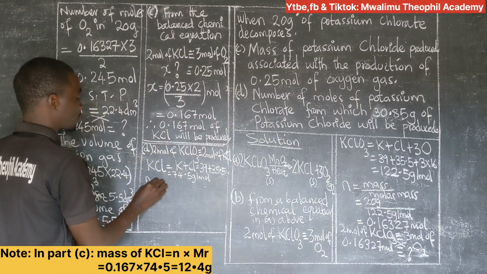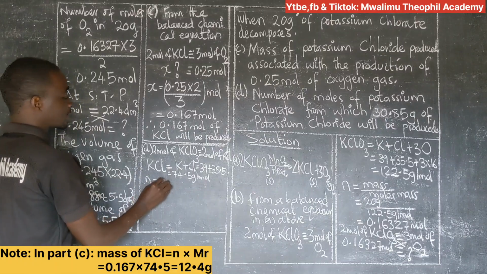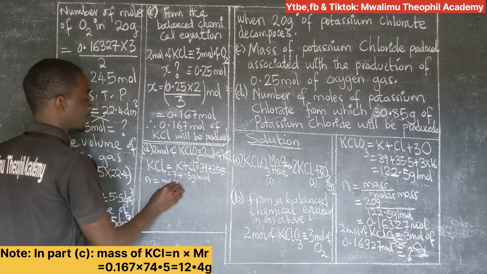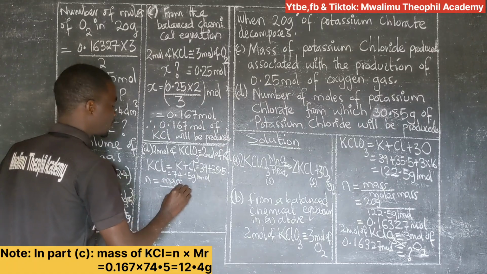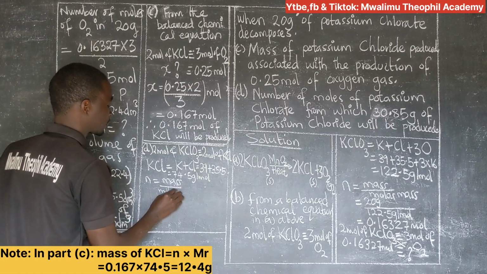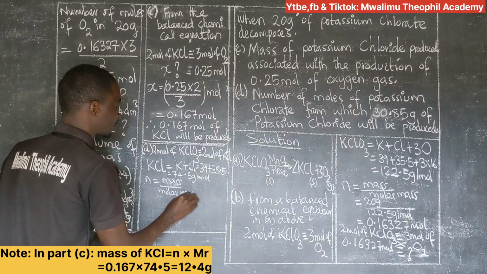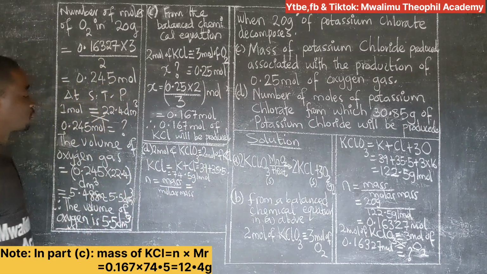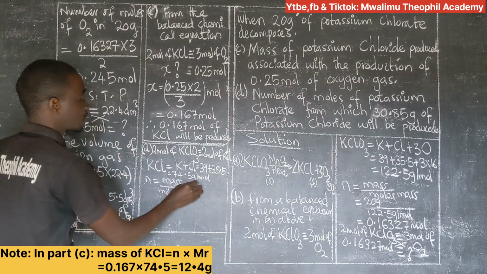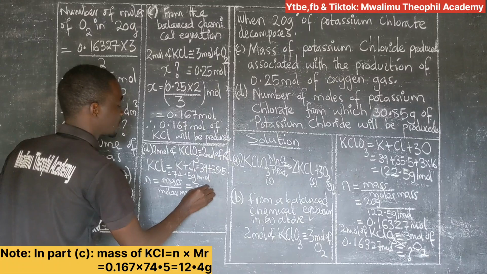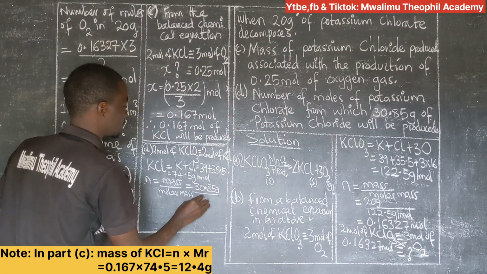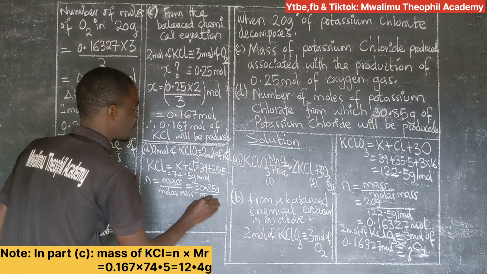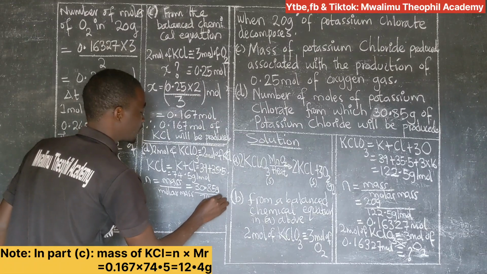We know number of moles is equal to mass divided by molar mass. The mass given is 30.85 grams. The molar mass obtained is 74.5 grams per mole.